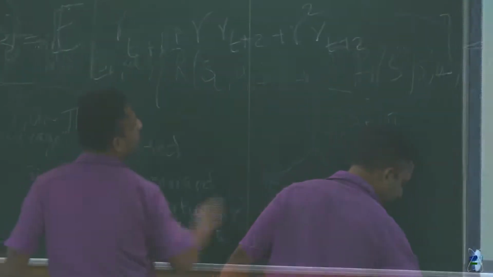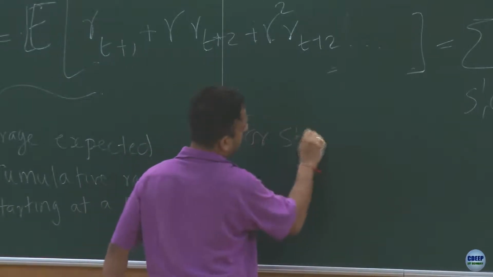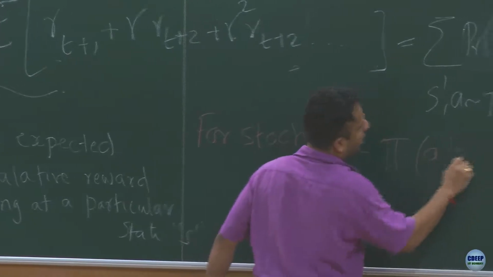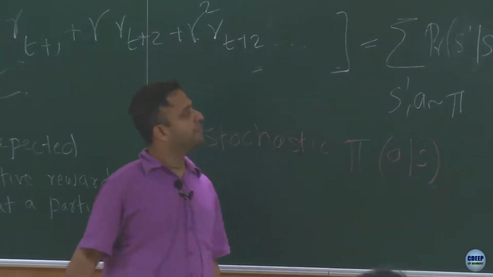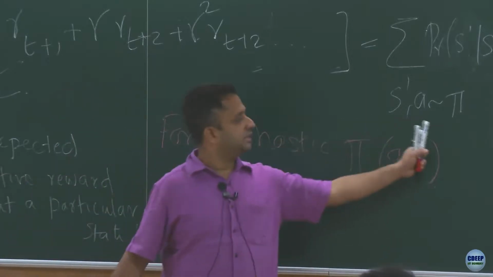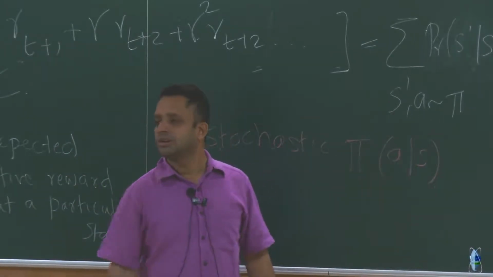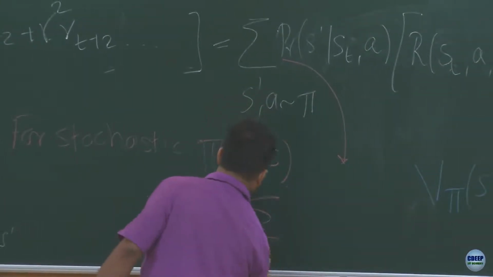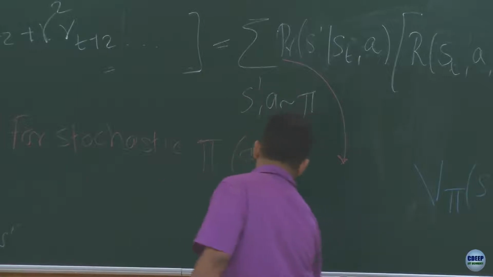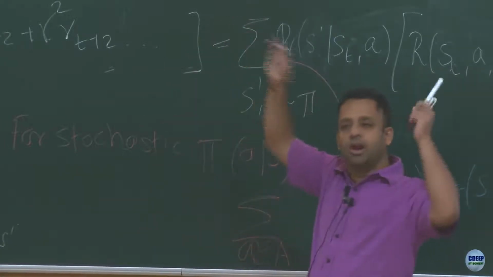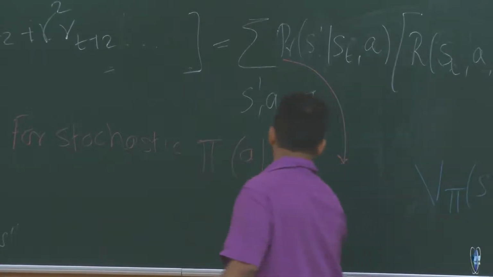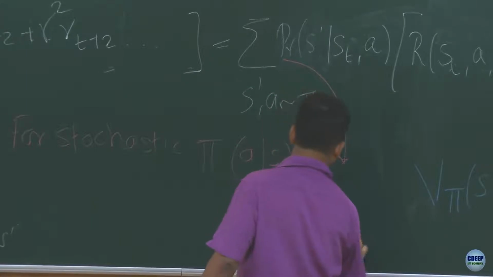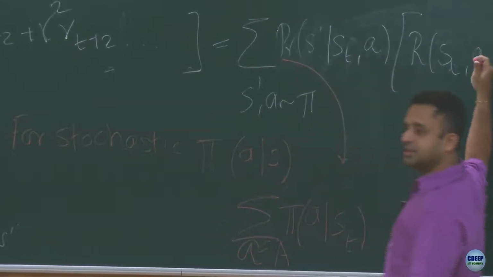So suppose you had a stochastic policy. For stochastic, what would you do? This, instead of just A from pi, what would you do? You would have one more summation over all possible actions, north, south, east, west, all the actions into the probability of pi of A given S into everything else.